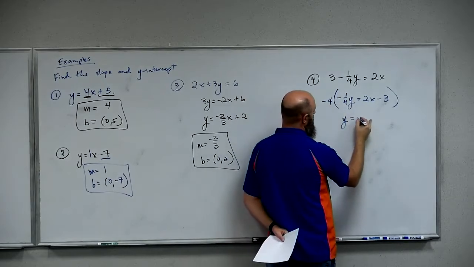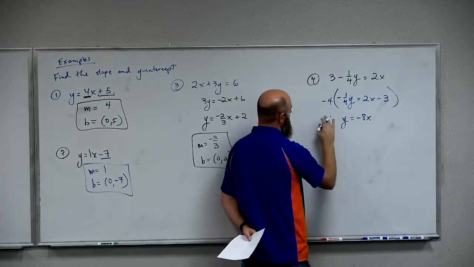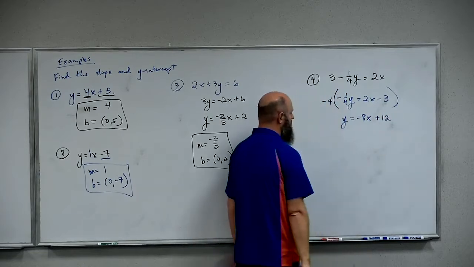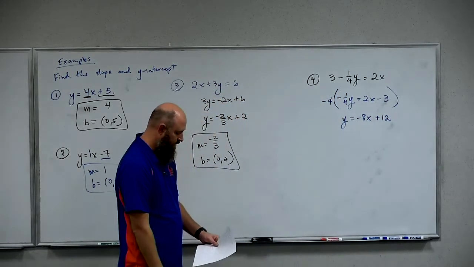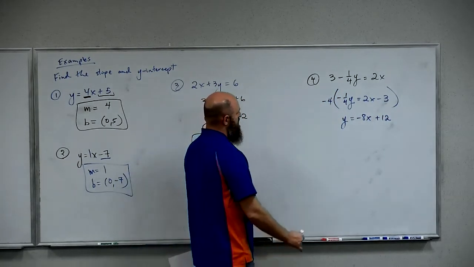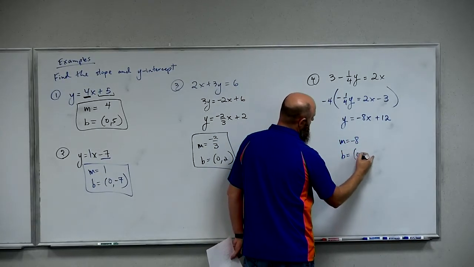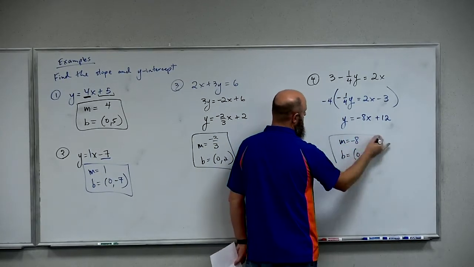Negative 4 times 2 is negative 8x. Negative 4 times negative 3 is a positive 12. So that means that my slope is negative 8, and my intercept is 0, 12.